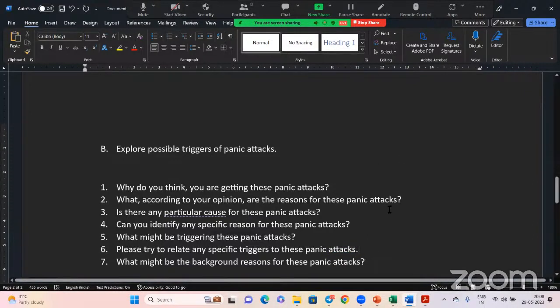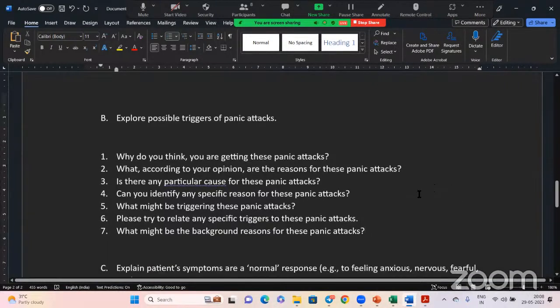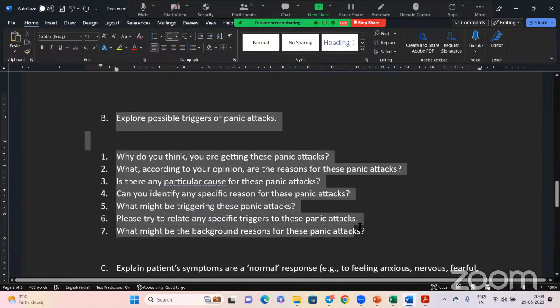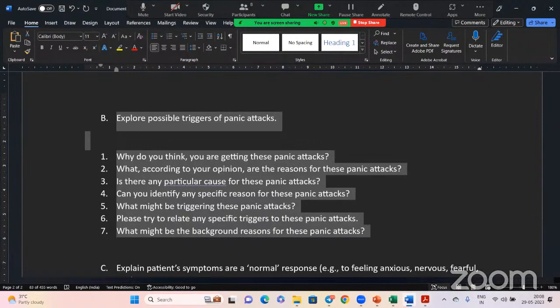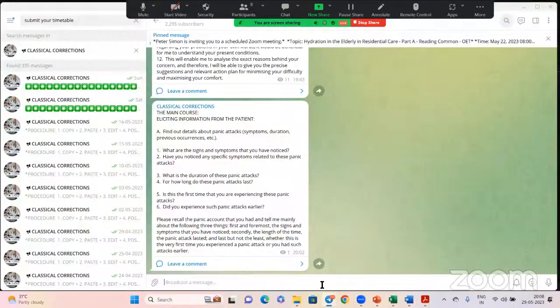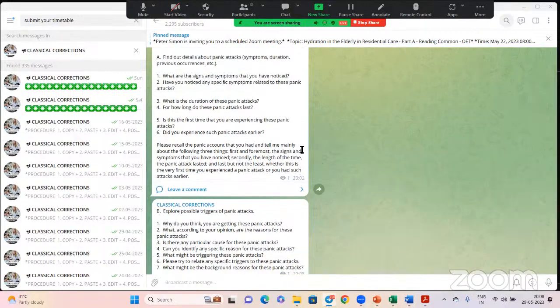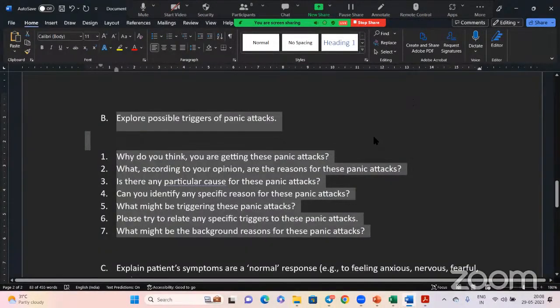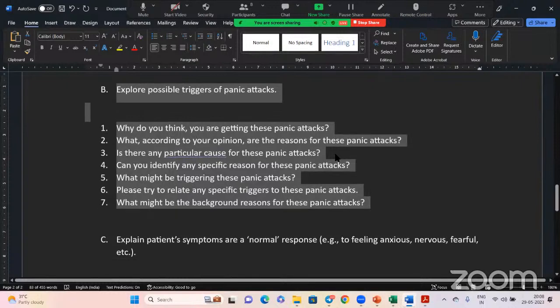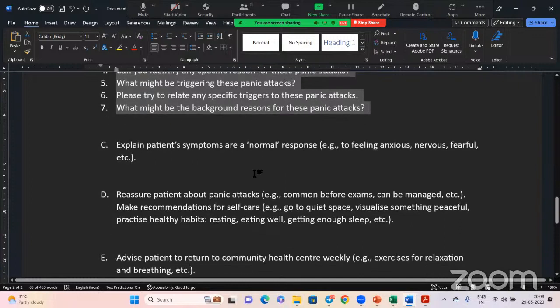Okay, what might be the background reasons for these panic attacks? So this you can take next. So that is B, possible triggers of panic attacks. Next one, C.